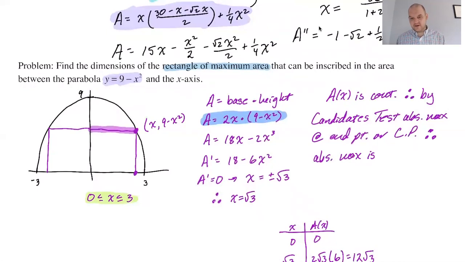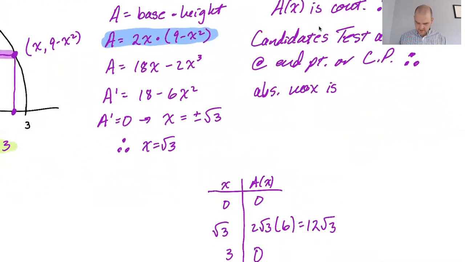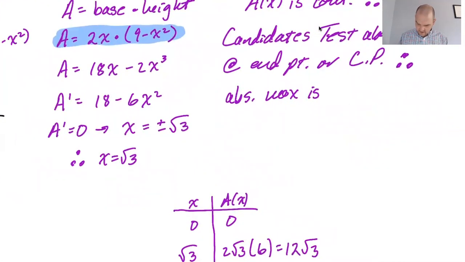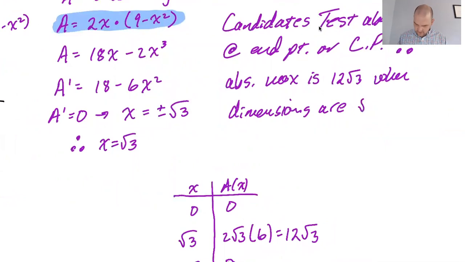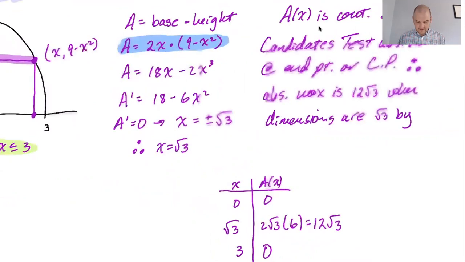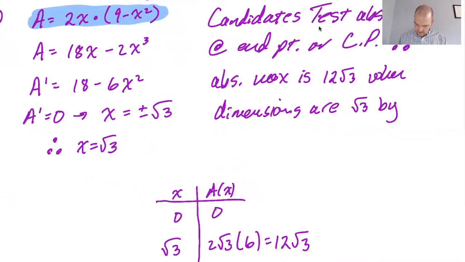We don't actually need the area. So the absolute max is 12 root 3 when the dimensions are, so the x coordinate, root 3, by 9 minus root 3 squared by 6.